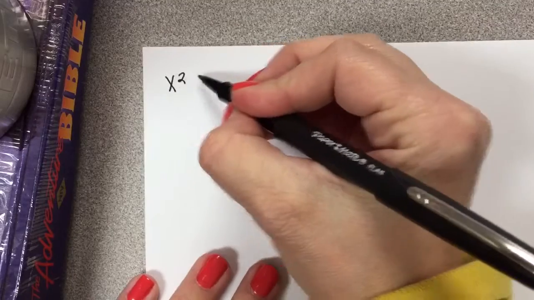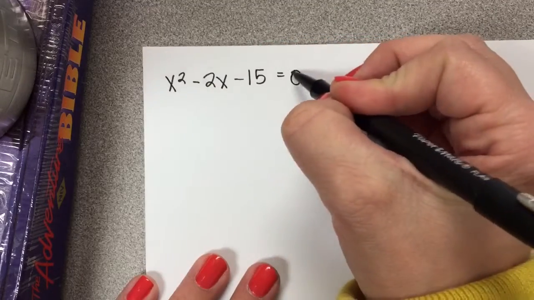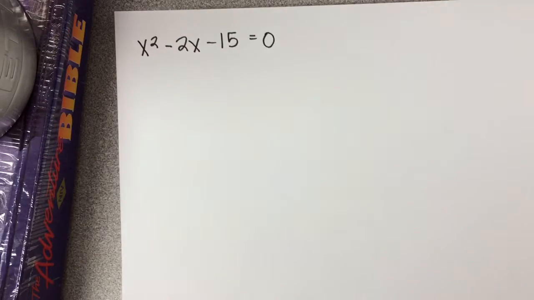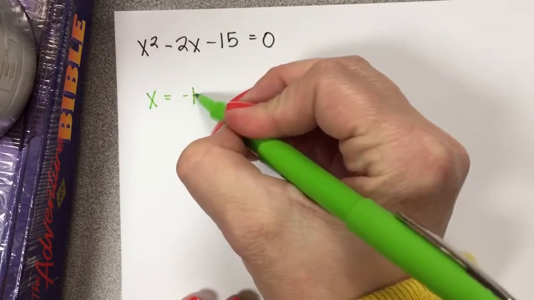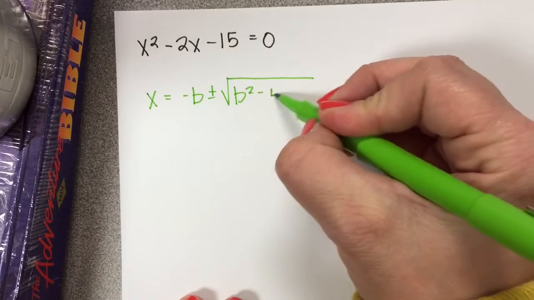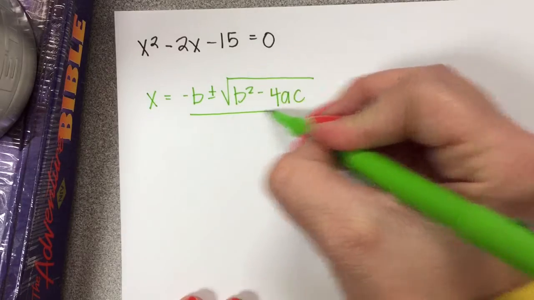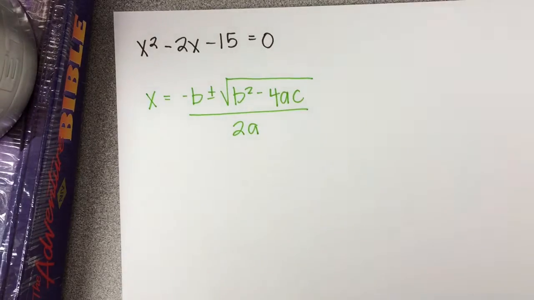Okay, so just in case you're not sick of that same trinomial, let's do it again. X squared minus 2x minus 15 equals 0. This time we're going to use the quadratic formula, which is x equals negative b plus or minus the square root of b squared minus 4ac, all over 2a. So I'm just going to plug in.